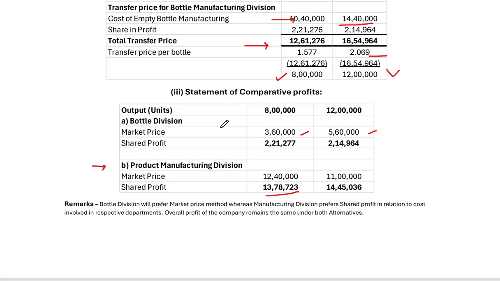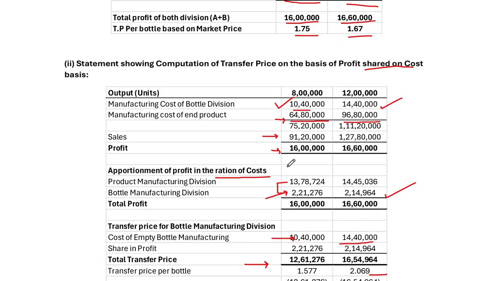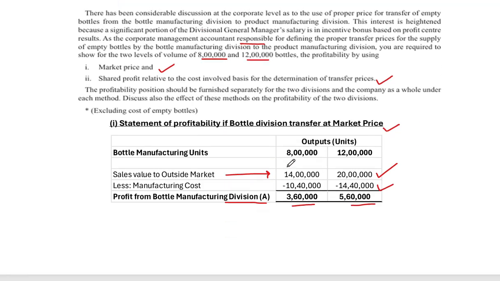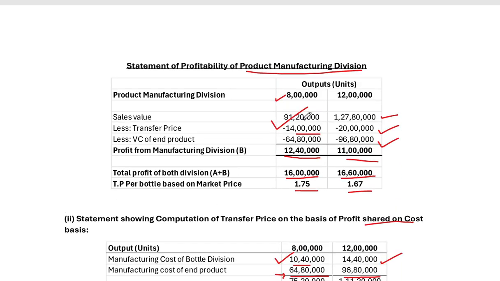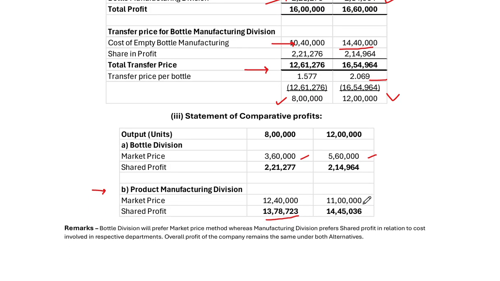So now comes the exam logic. The bottle division prefers the market price method because their profit is higher in the market price method. If we see the market price method, the profit of the bottle division is extra.